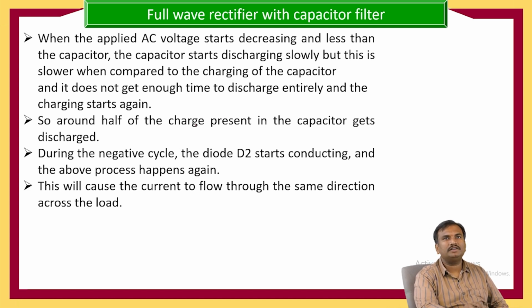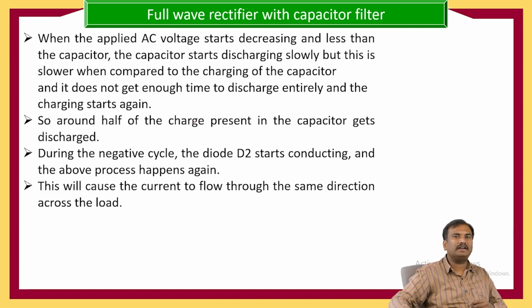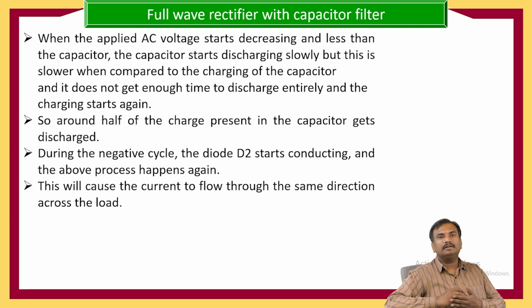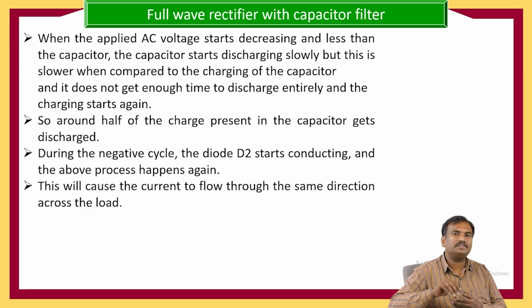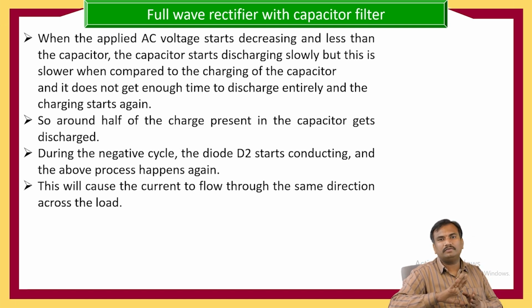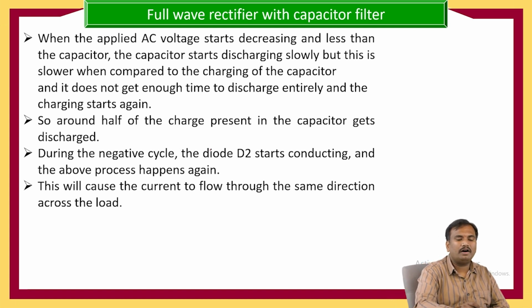The charging starts again because immediately we get the next cycle. So before discharging the capacitor to 0, we charge the capacitor again and again. So around half of the charge present in the capacitor gets discharged.